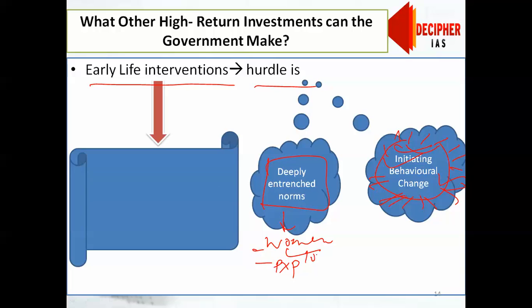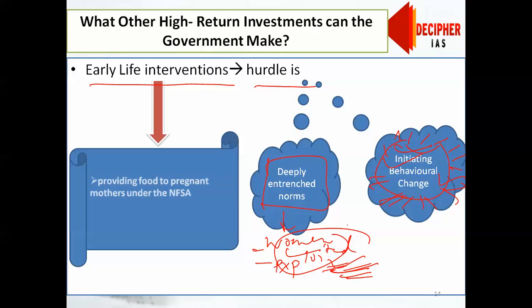These norms should be broken from time to time by various ad campaigns, etc. So the government has also done some early life interventions like providing food to pregnant mothers under the National Food Security Act, also addressing open defecation via Swachh Bharat Mission.